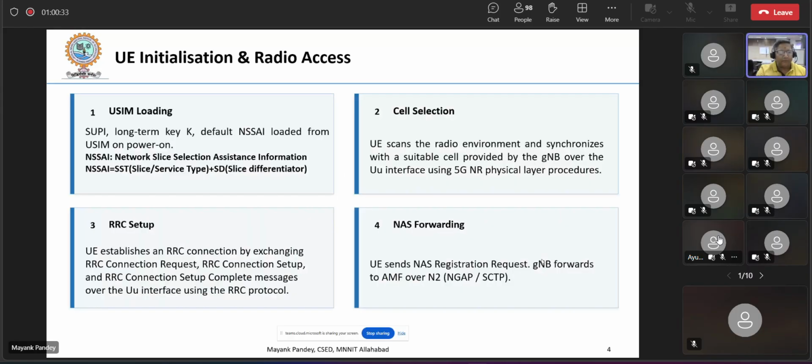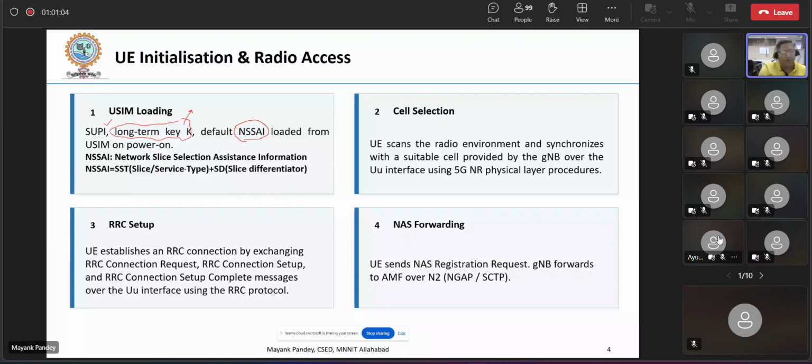First step is as before, you store your USIM by SUPI. A key is stored inside the USIM, which means your SIM card, which is used for encryption, and then your default NSSAI, network slice selection assistance information, which tells which slice you are going to use.